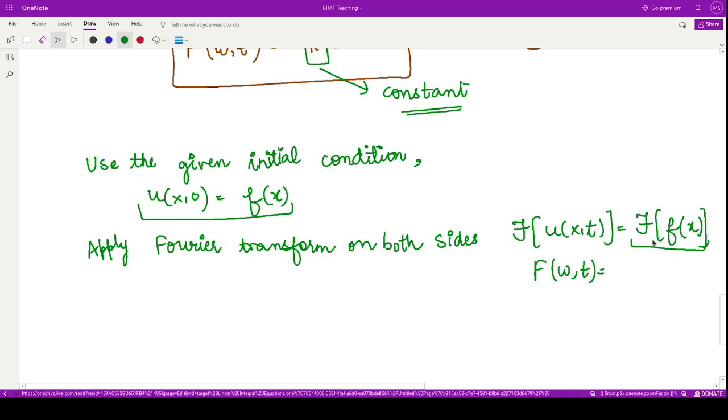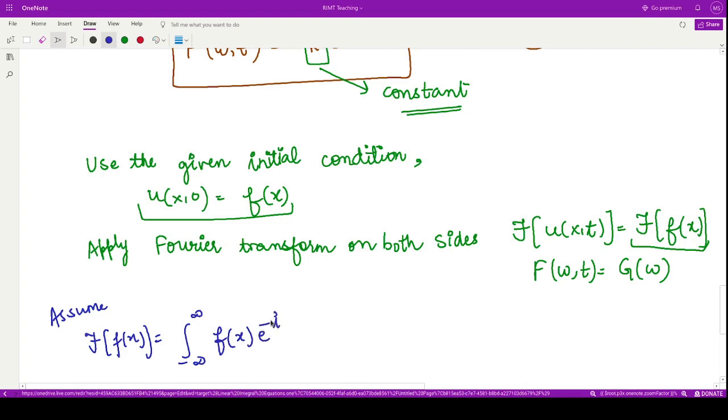So I can also define this quantity as g(ω), say. We can assume the Fourier transform of f(x), which according to the definition is the integration from minus infinity to infinity of f(x) e to the power minus iωx dx.